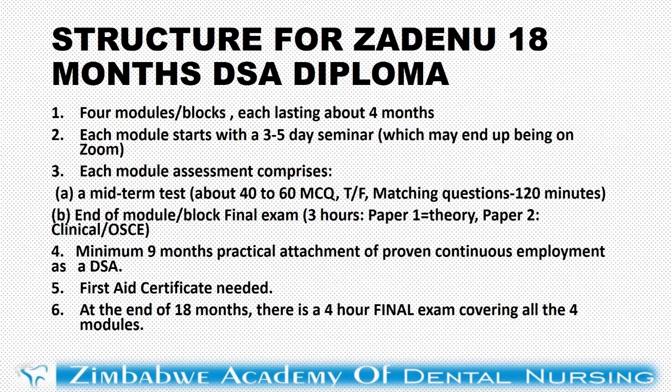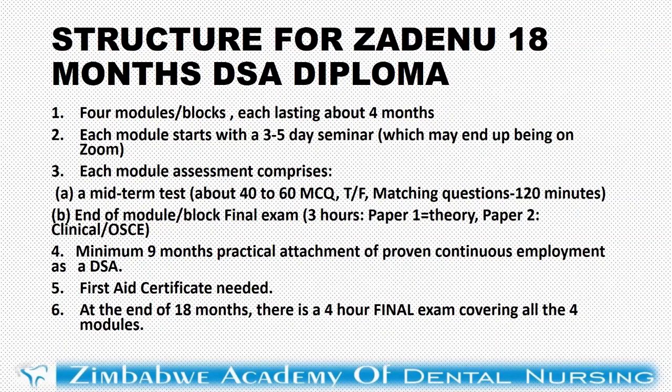Each module for the Zimbabwe Academy of Dental Nursing Diploma is assessed as follows. A few weeks after the face-to-face seminar, usually in Harare, the participant takes a self-assessment or evaluation invigilated by his or her own dental therapist or dentist at their own workstation.